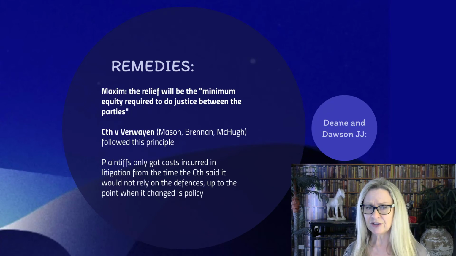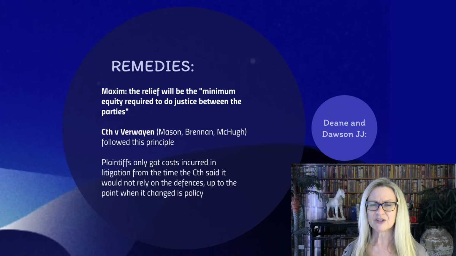And this is certainly what was held in Commonwealth and Reliance, a very unfortunate case of personal injury by a service person in the Navy that was injured when two ships collided. In that case, the Commonwealth had said that it wasn't going to rely on certain causes of action, and in fact it changed its mind and did argue those causes of action.